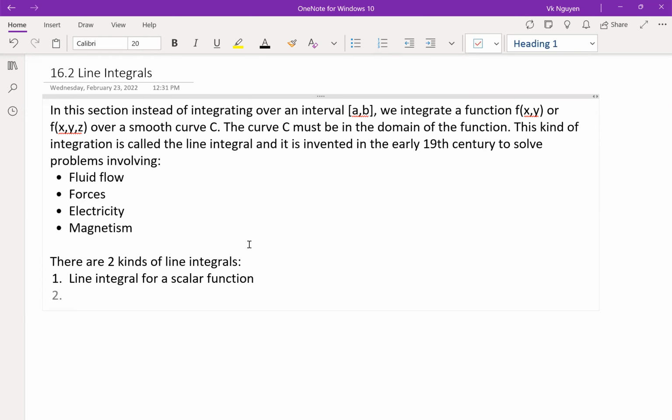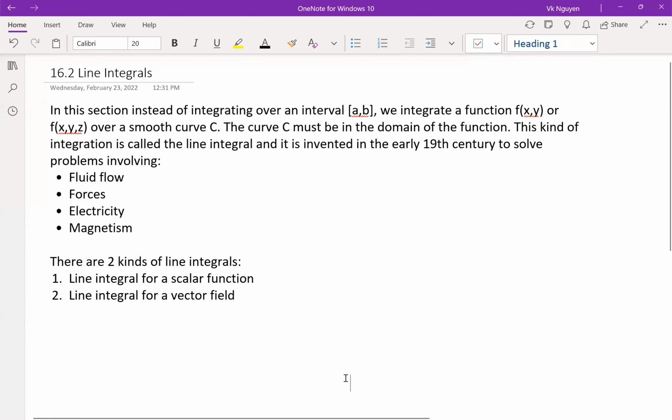And then the second one is the line integral for a vector field. Today we're going to focus on the line integral for a scalar function.